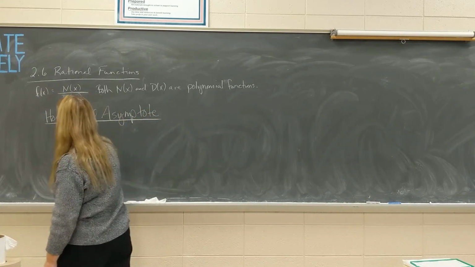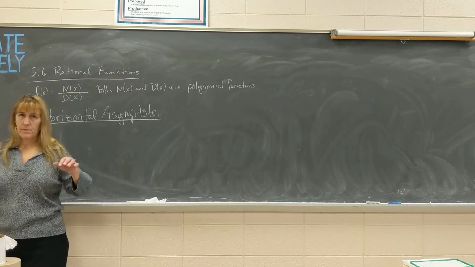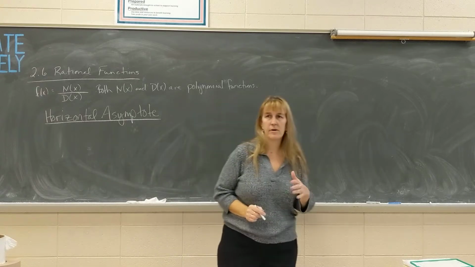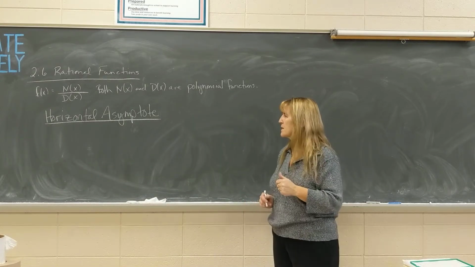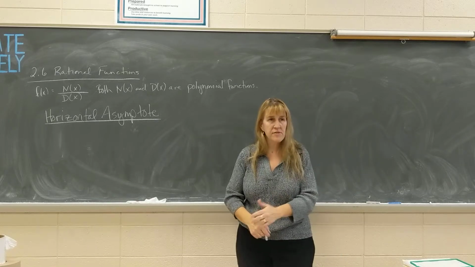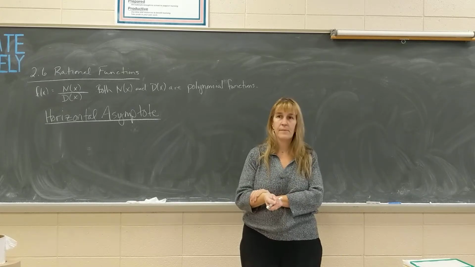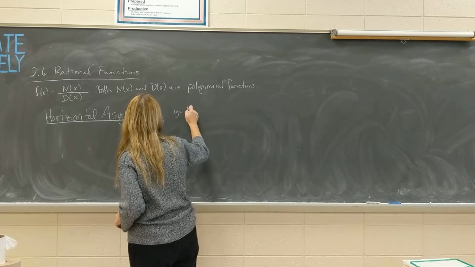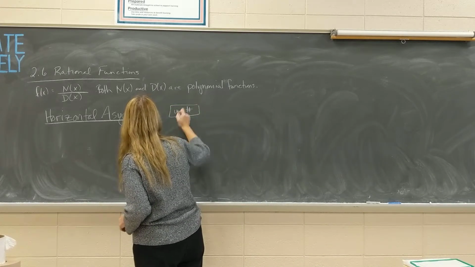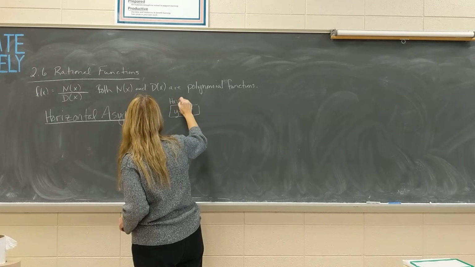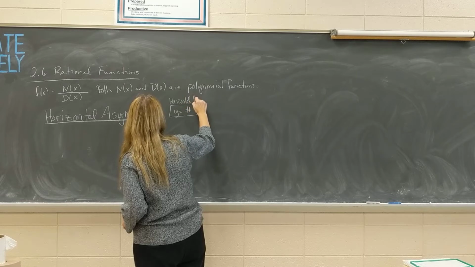And for rational functions, we should have maybe none, maybe 1, but definitely not 2 or 3 or 4 horizontal asymptotes. Alright. So, does anybody have an idea how you'd give an answer for a horizontal asymptote? Y equals something. Some number. Just y equals some number because this is a horizontal line.